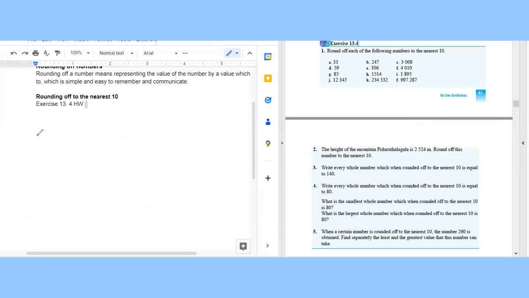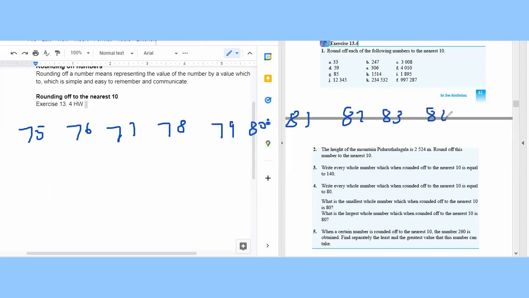So 80 means you can start with 75, 76, 77, 78, 79, 80, 81, 82, 83, 84, and that's it. Up to 84, you can get 80 as the rounded number to the nearest 10.